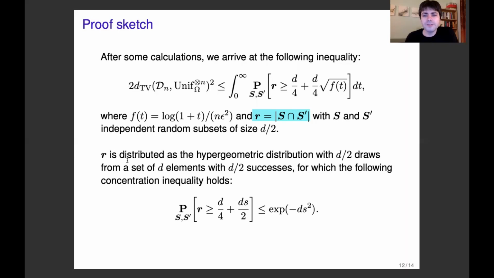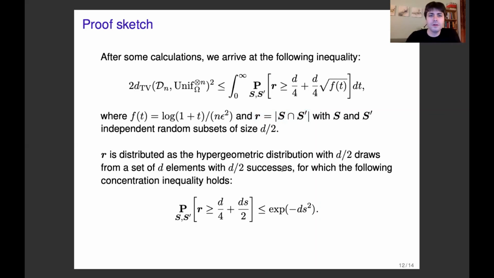Now, R, being the size of the intersection of 2 subsets of equal size, is distributed as the hypergeometric distribution with d over 2 draws from a set of d elements with d over 2 successes. And for this distribution, we have the following concentration inequality, which holds.